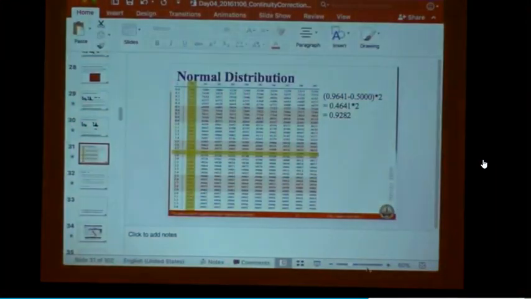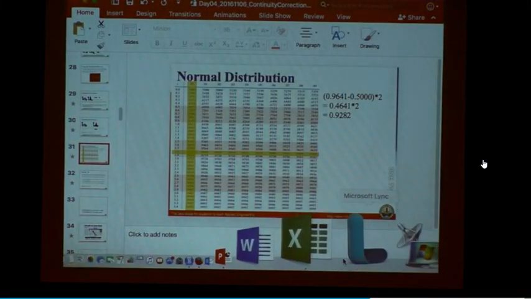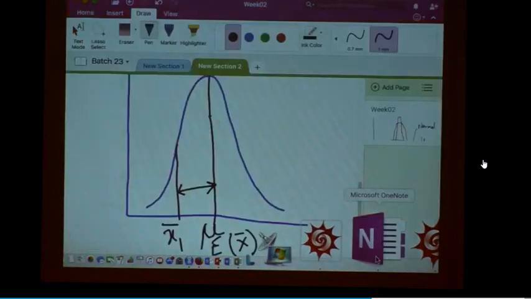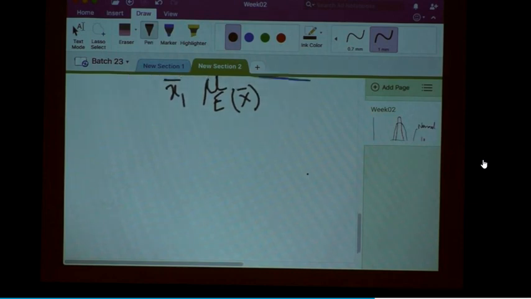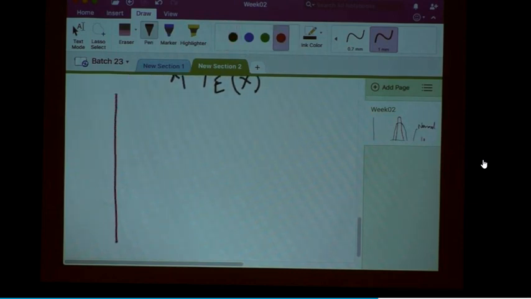Let me draw that. Actually, this, okay, another one. You watch me, what am I doing?